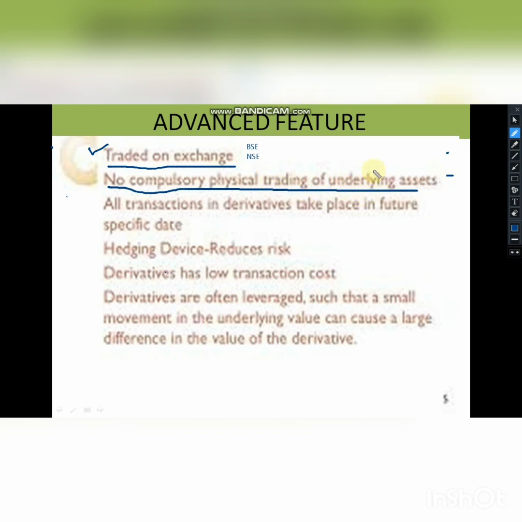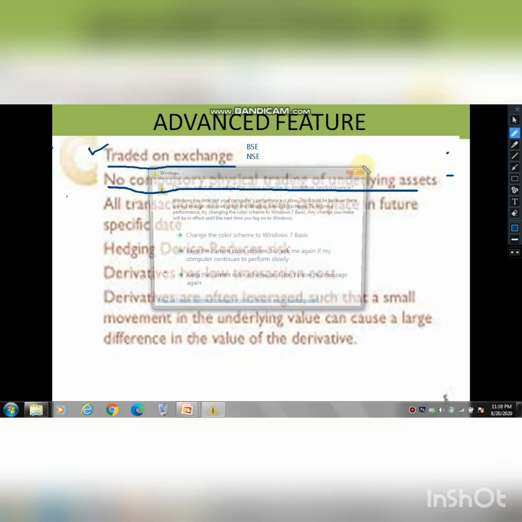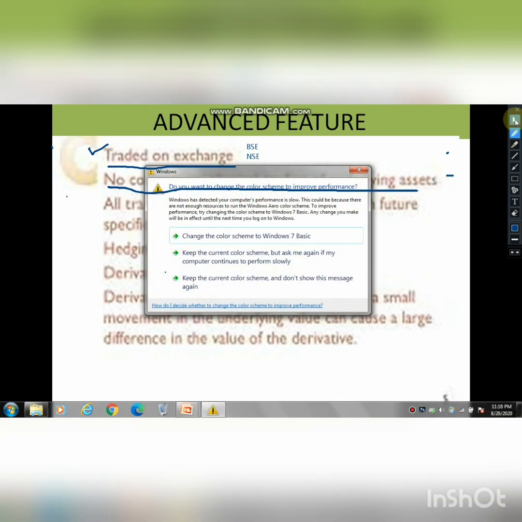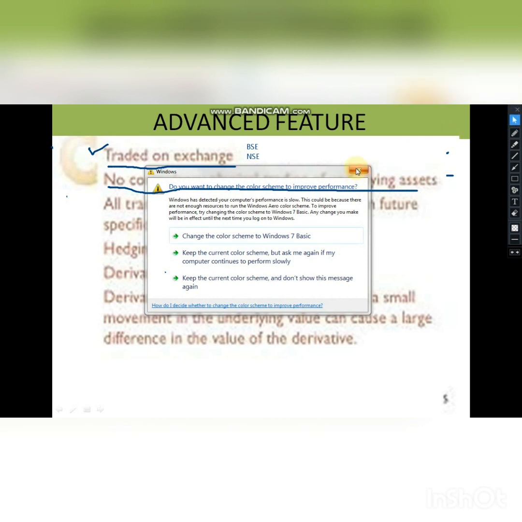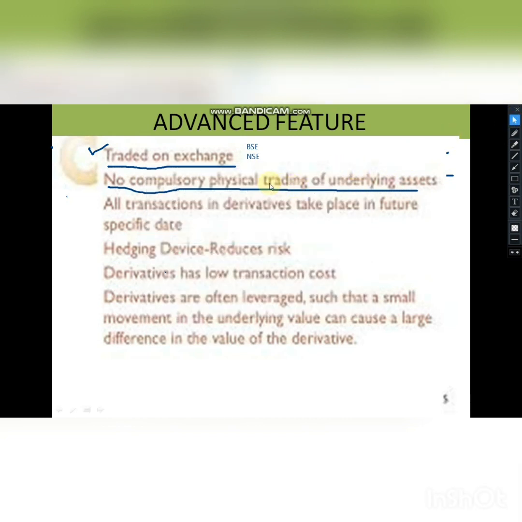When you do trading in options and futures, you need an underlying asset, and in that case the underlying asset is shares, so there is no need of transfer of shares. This particular trading has to be done without physical delivery of shares.